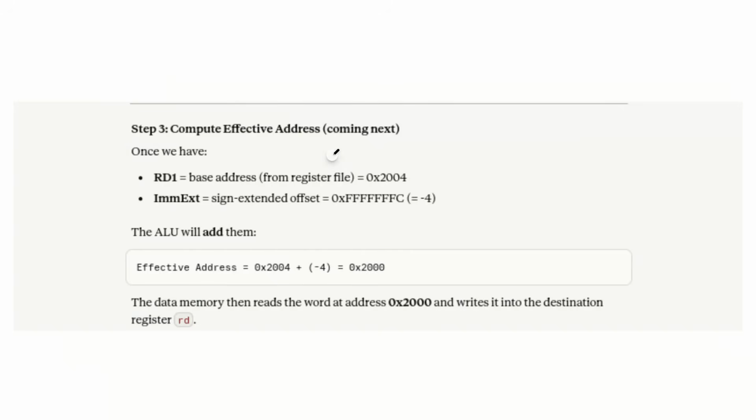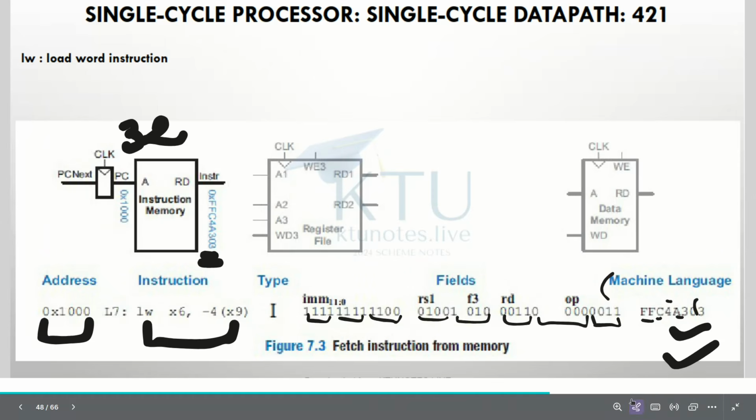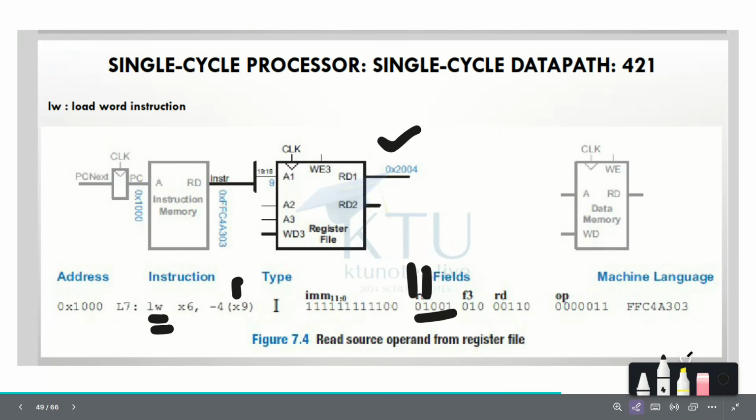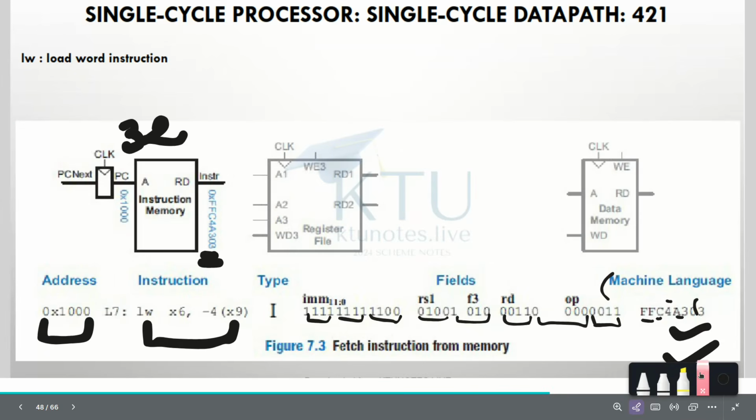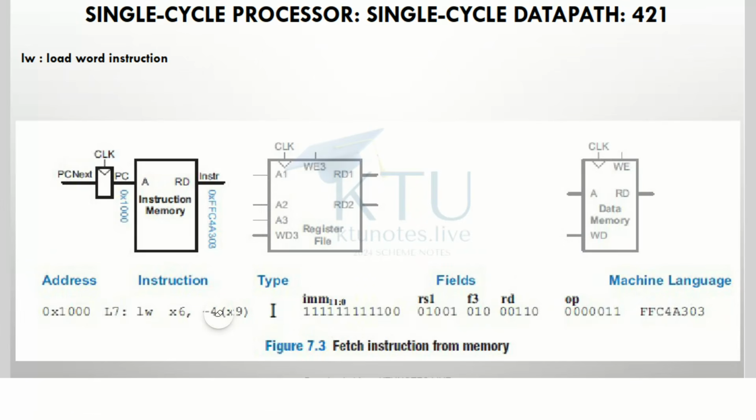Now I will explain it again because I know there would be a lot of students who didn't get it. So guys, what does load mean? Load means that the data in this address location in the memory, I have to write into this register.